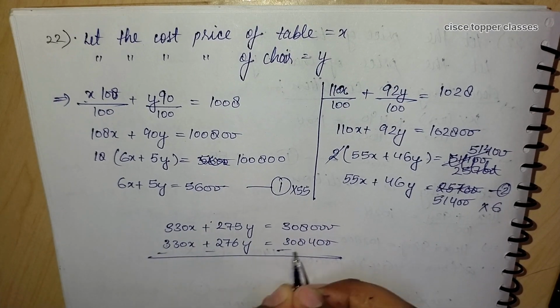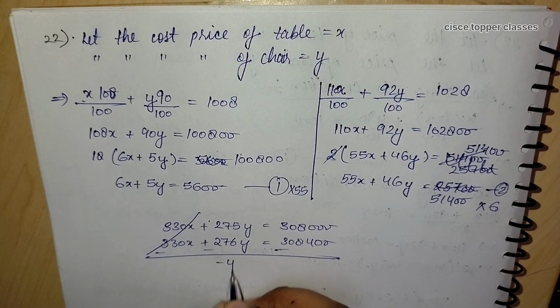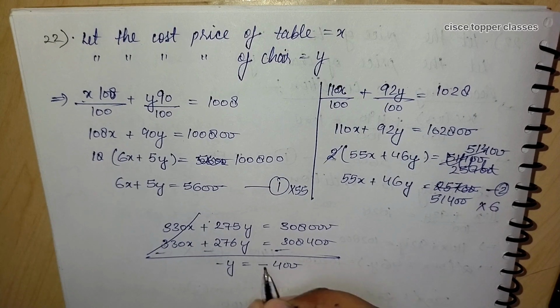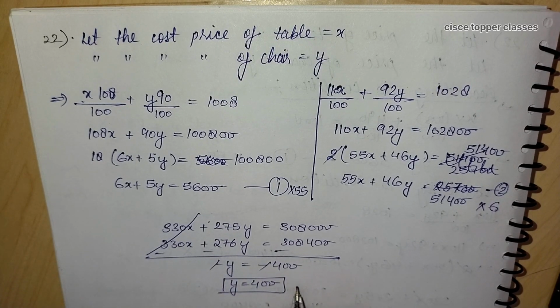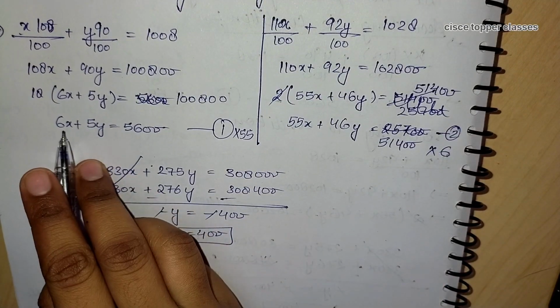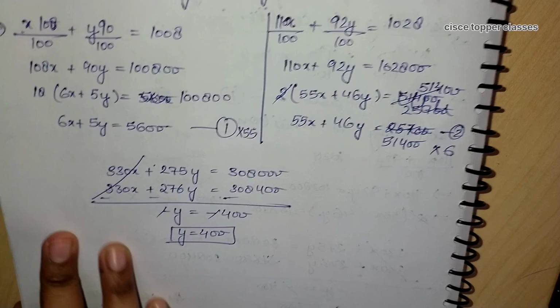On subtracting these values, x will be cancelled out. Here we will get minus y equal to minus 400. So 400 is the cost price of the chair. Now we can find the value of x from the first equation by putting the value of y.